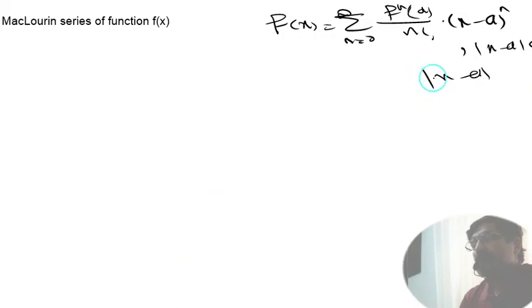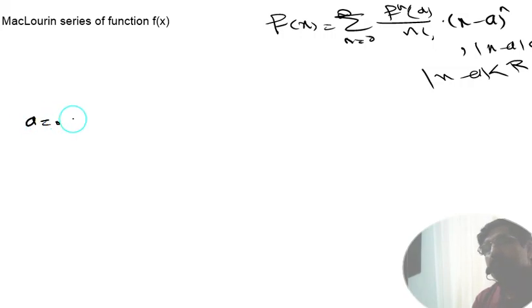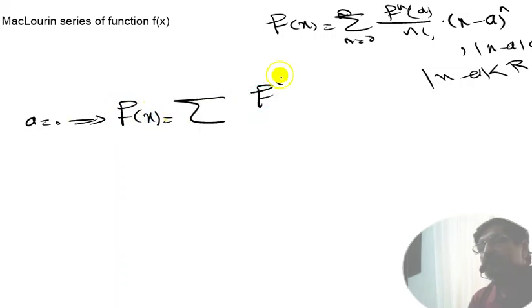The absolute value of x minus a is less than r. So if a equals 0, we have f(x) equals the sum from n = 0 to infinity of the nth derivative of f at 0 over n factorial times x to the power of n.